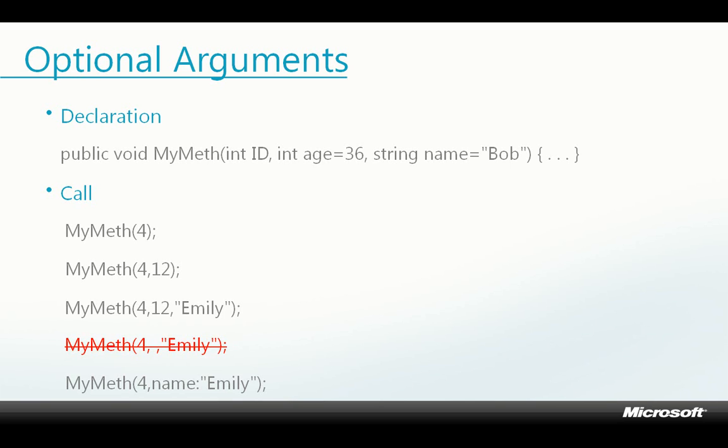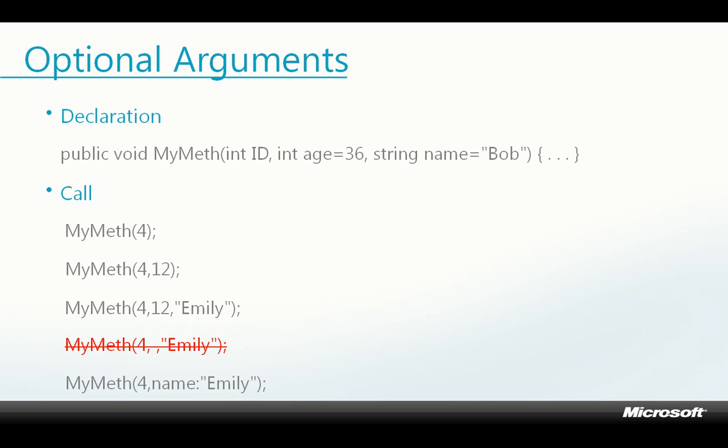So in this example right here, the caller would only have to provide one integer value. And in that case, the second integer would default to 36, and the string would default to Bob. But the caller could also choose to supply the second integer value, 412, or both integers and the string, 412 and Emily.